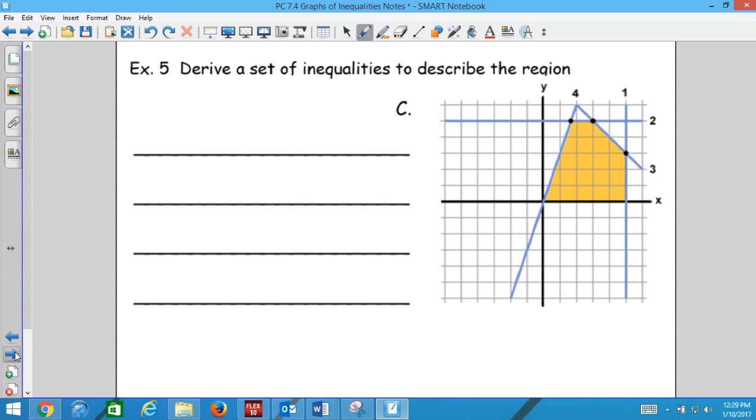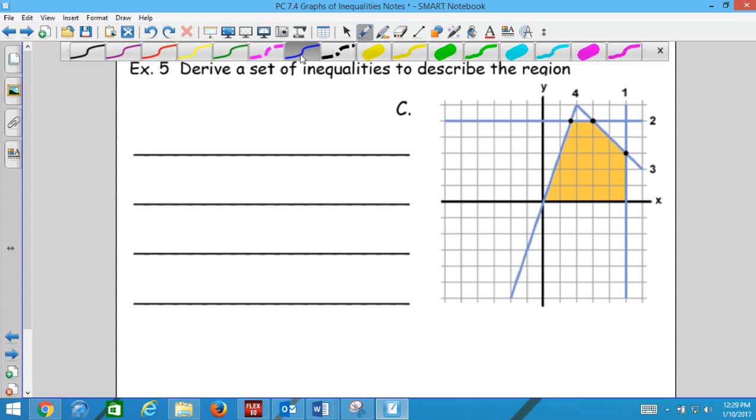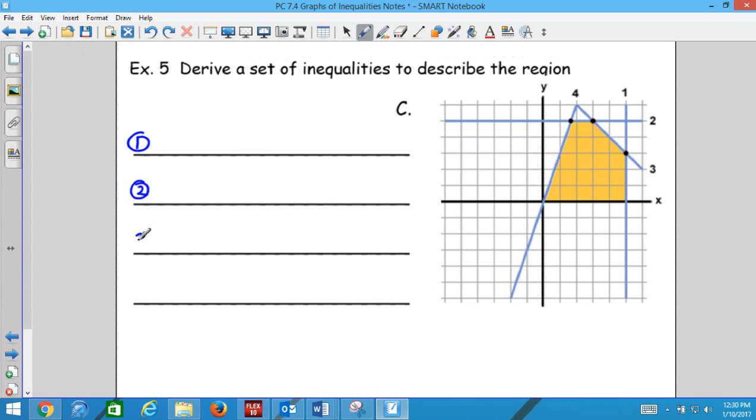Okay, they've numbered the equations so we can stay organized. 1, 2, 3, 4. Equation 1. It's vertical. So what do we know about vertical equations? What do they start with? X equals 5. And does it equal, or is it greater than?